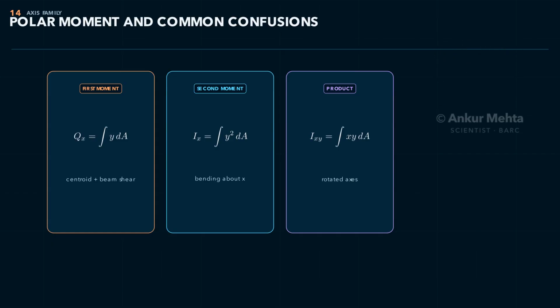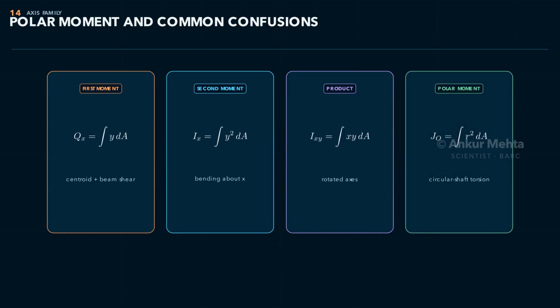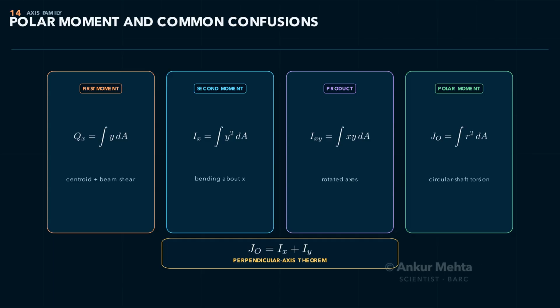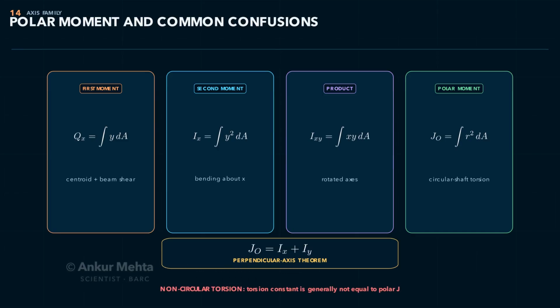The polar second moment J0 equals integral r squared dA, equal to Ix plus Iy. For circular shafts, J enters the torsion equation T over J equals tau over radius. For non-circular sections, the torsion constant is generally not equal to the polar area moment, so blindly using J can be wrong. These quantities share similar integrals but answer different structural questions.